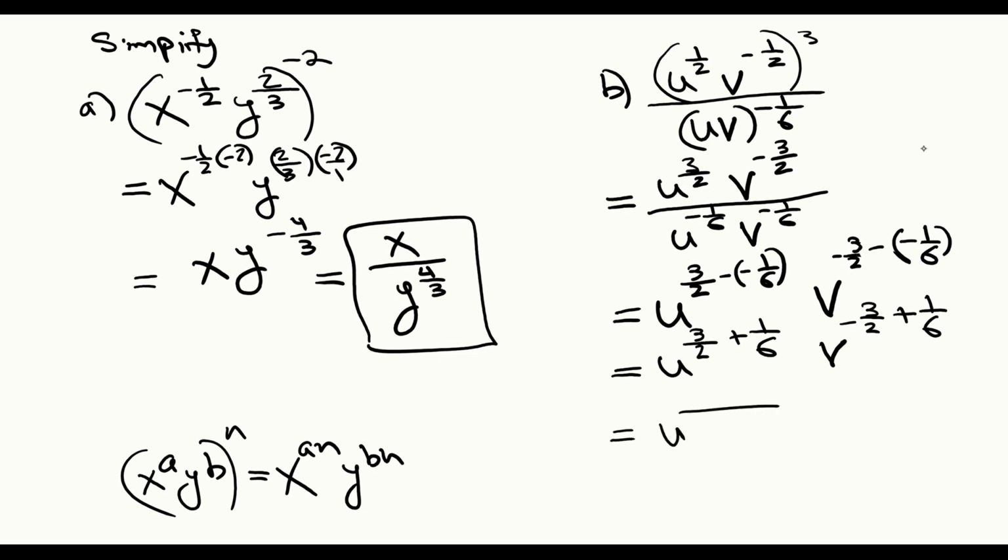So now we're going to go ahead and find the common denominator of 6 there, and it'll be the same for the v power. Okay, so here we realize that we're going to need to multiply this 2 by a 3 to make it 6, and we have to do the same on the top. This next denominator is already 6, so we don't need to do anything there. So we get 9 plus 1.